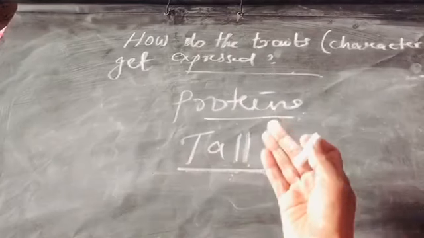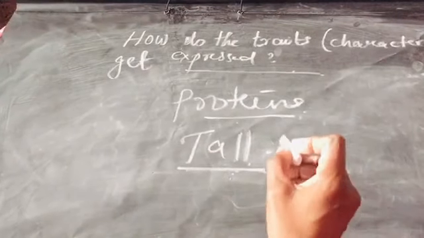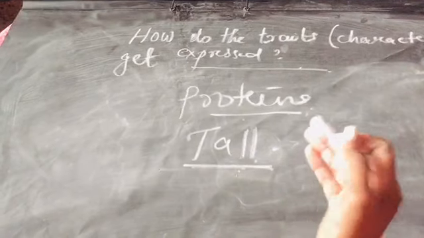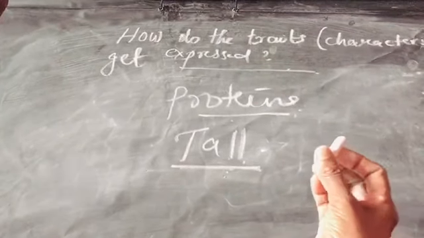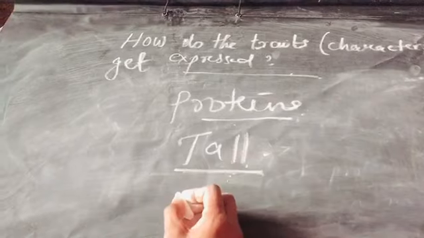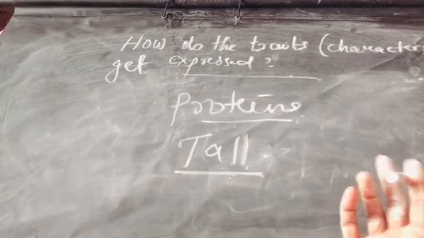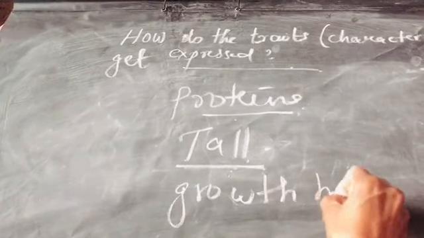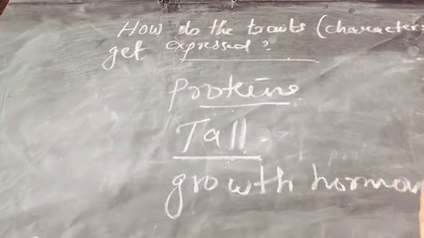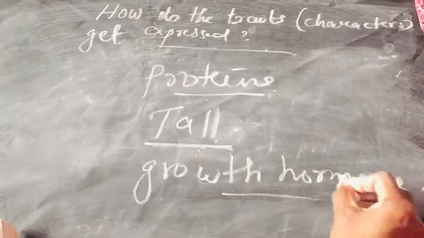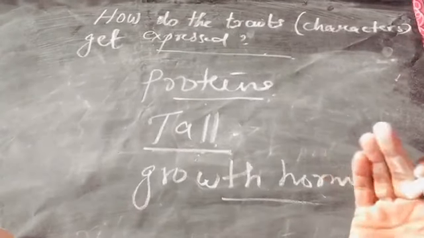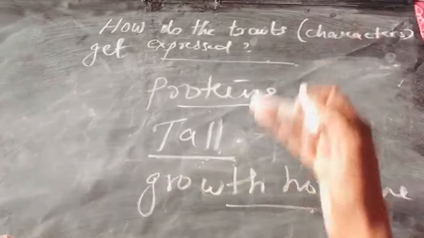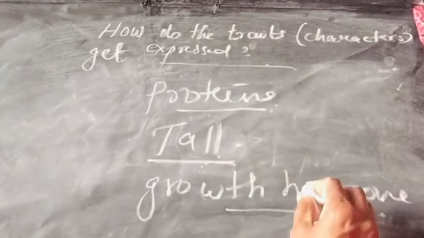Now the tall plant. Here the plant height depends on the amount of a particular plant protein or a plant hormone, you know that. Typically you can say growth hormone. Growth hormone's presence is needed in the plant for the lengthening of the plant body, the tall plant.